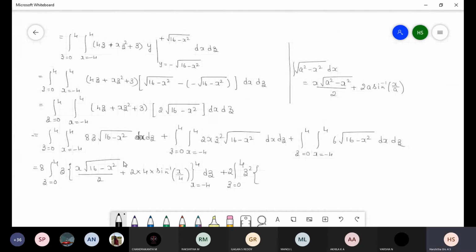Substitution part I just write for the second one. Put x is equal to 4 sine theta, substitution part. So dx we get 4 into cos theta into d theta.